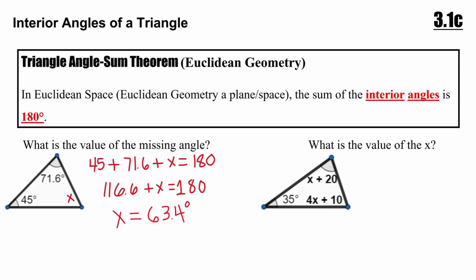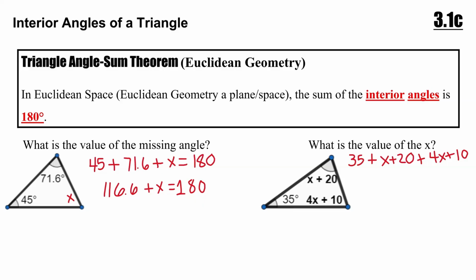The second problem asks to solve for x. To solve for x, set up an equation. Since the sum of the angles will be 180 degrees, the equation will be 35 plus x plus 20 plus 4x plus 10. Next, combine like terms.